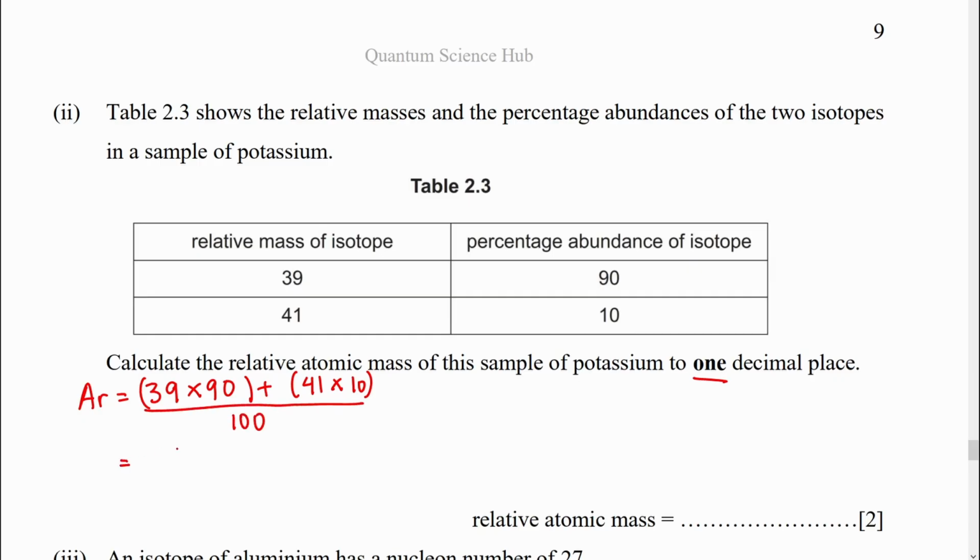So this is 3,510 plus 410 divided by 100. So this equals 3,920 divided by 100, which equals 39.2. Okay, so the answer here is 39.2.